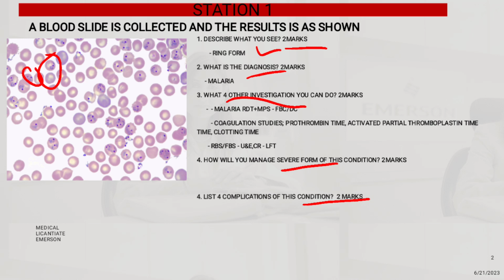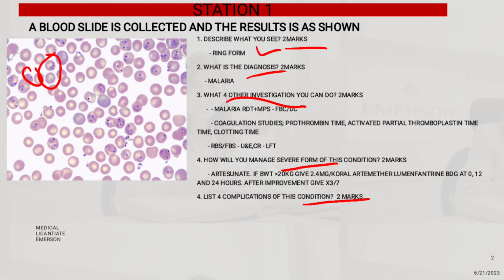Then how do we manage the severe form of this condition? So artesunate. How do you give artesunate IV? If the body weight is more than 20 kg, you give 2.4 milligrams per kg. And then after you are done with artesunate, you are supposed to give oral artemether-lumefantrine twice daily.